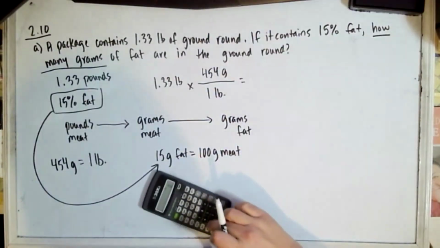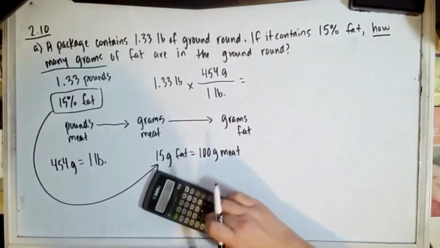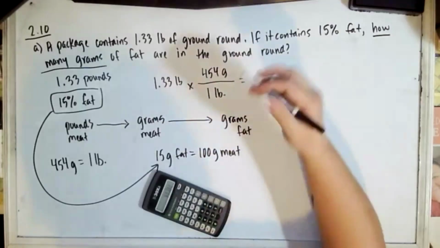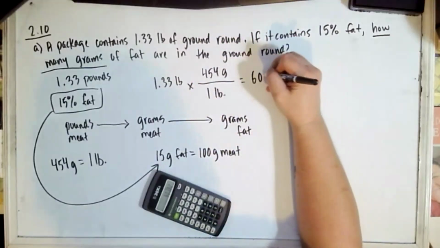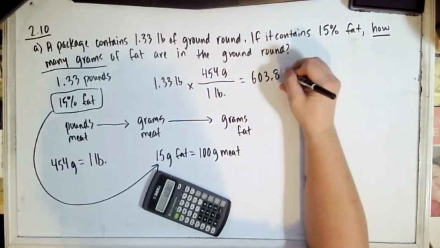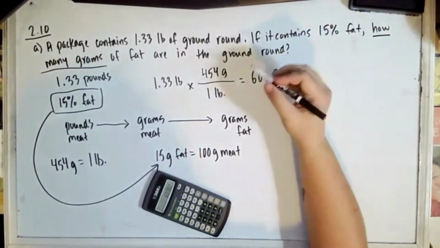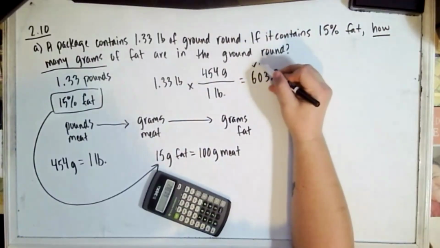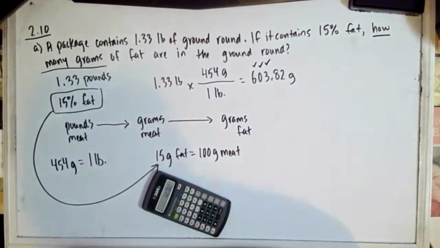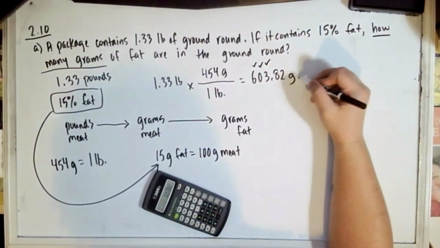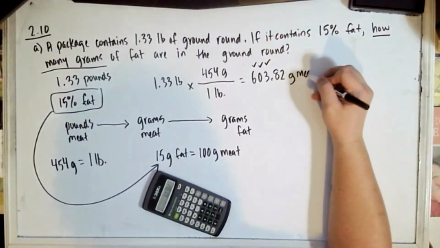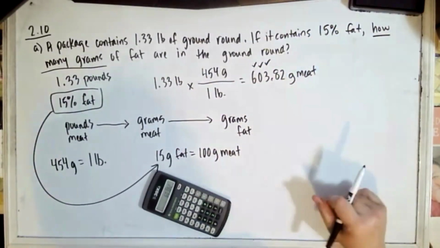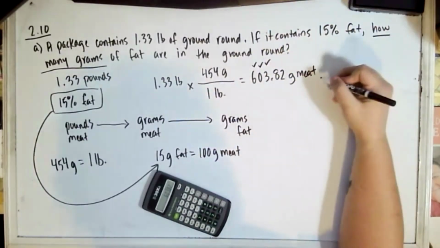I like to switch it up just so you could see both methods. So this is going to be 603.82 grams. For now, we're keeping 3 significant figures, although that's going to change when we introduce this part. And this is the grams of our meat, total package of ground round that we have.